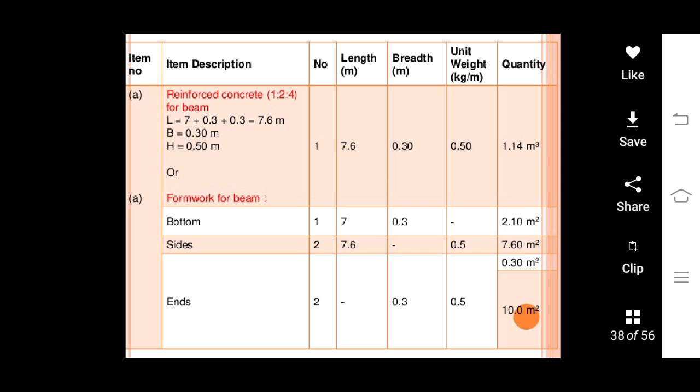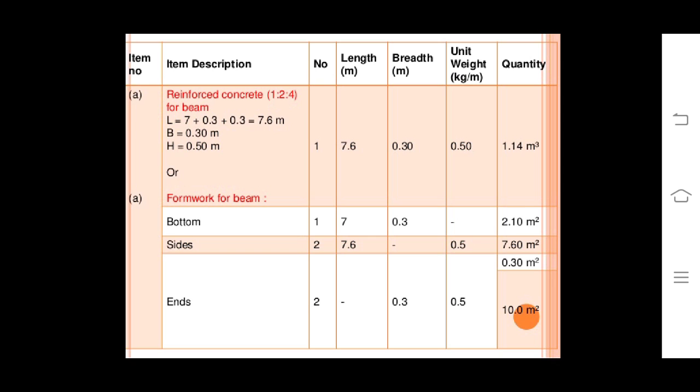Formwork for beam. The formwork for beam is of three types, that is bottom formwork, side formwork and end formwork. For bottom formwork, the total number of bottoms is 1, having length of 7 meter and breadth of 0.3 meter, and the total quantity is the multiplication of both, which gives 2.10 meter square.